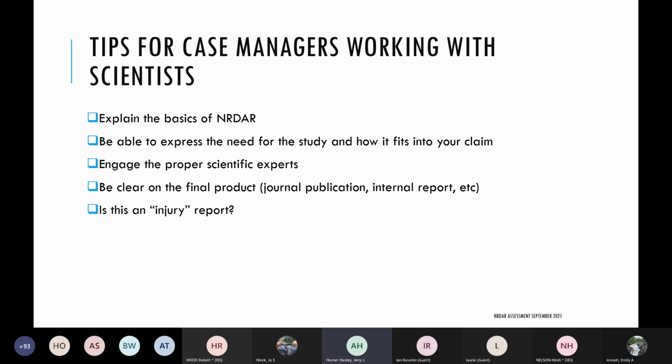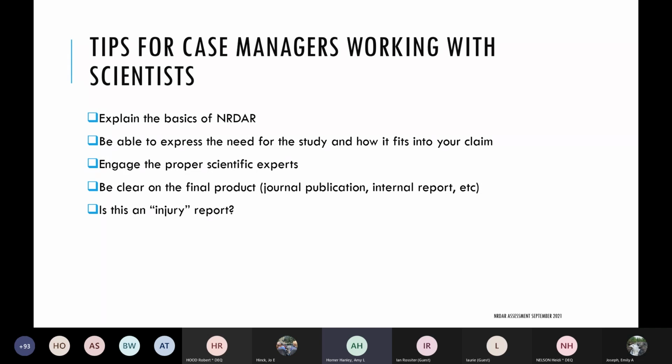It's really important to be clear on the final product of what you want from the scientist. And Joe can pipe in here if I get this wrong, but USGS has a couple of different report options. But one thing to be aware of is that the internal report option that they have also means that it can't be cited. So that might have limited use for a particular NRDA case where we're looking for data that can go out to the public and that we can potentially rely upon in court.